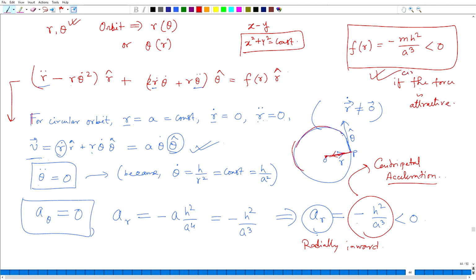So, a circular orbit is possible if the force is attractive in nature.